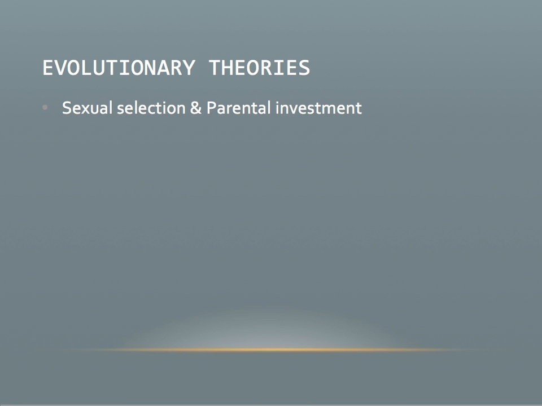So sexual selection was actually proposed by Darwin, and it has two processes. So there are two parts to the first one that we're going to talk about here. And the first part of sexual selection is that members of one gender compete among themselves to gain a mating advantage with members of the other gender.